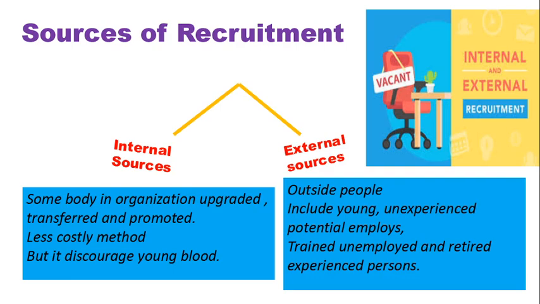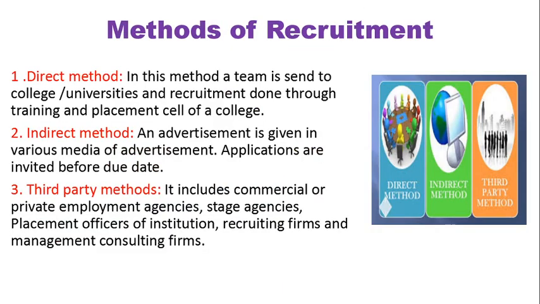Then let's see the different methods of recruitment. There are various methods of recruitment. The first one is the direct method of recruitment. In this method, a team from a particular organization or agency enters into a particular college or university, and recruitment is done with the training and placement cell of that college or university.